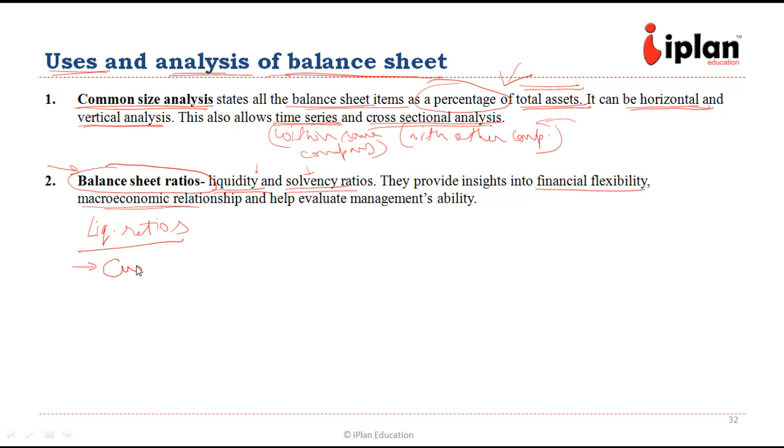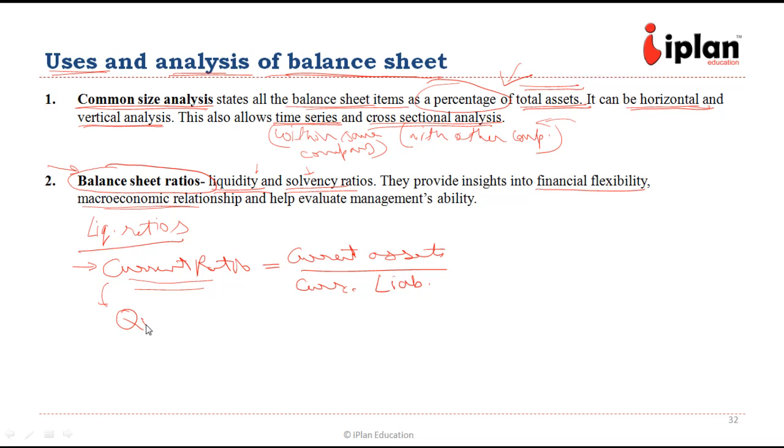They give an idea about the liquidity in the company. For example, the current ratio, which is the ratio of current assets and current liabilities. If the value of the current ratio is good, that says the current liabilities will be paid within time. The company has good liquidity.